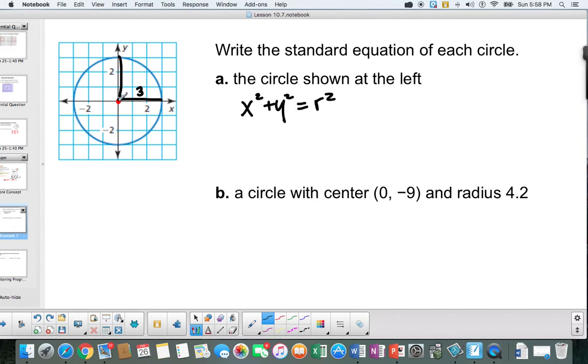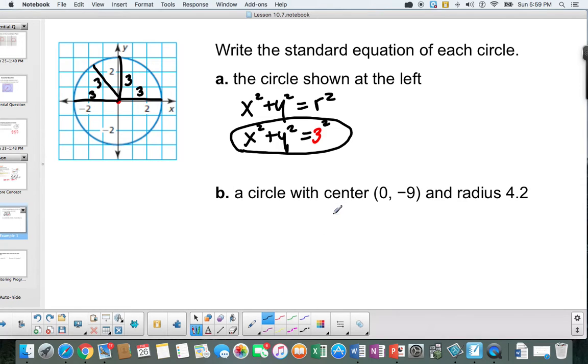Notice over here it's 3, and over here it's 3, and so on. In fact, a point on any part of the circle is going to be 3 away. So all I'm going to do is substitute, and for r I'm going to write 3 squared. This is what we call the standard equation. This is the answer. It describes this circle.